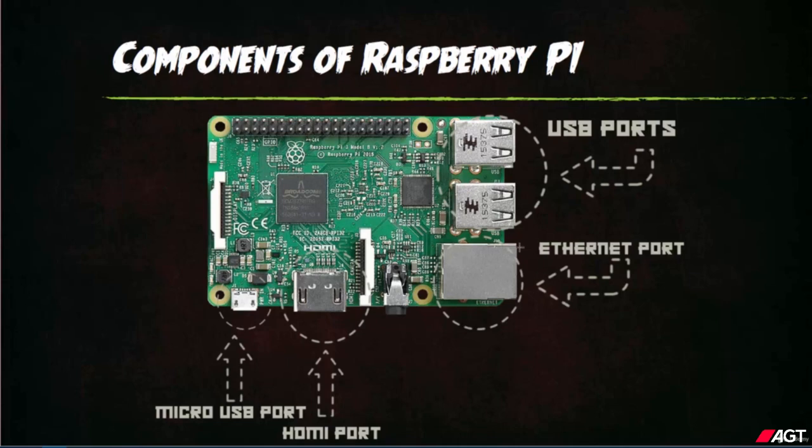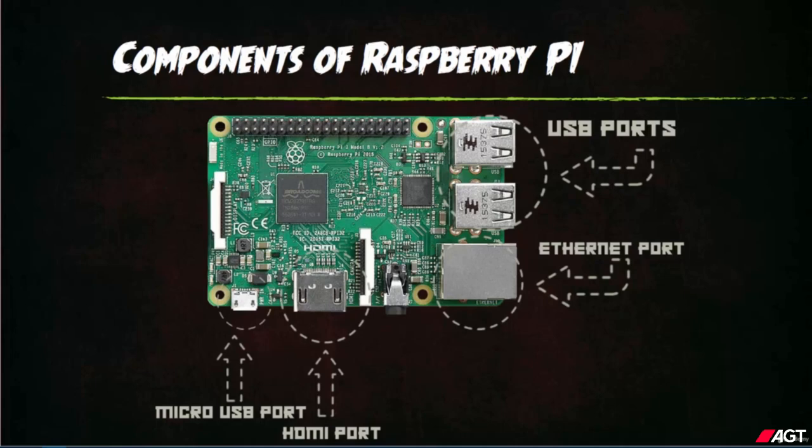There is one Ethernet port and one HDMI port, so we can connect our monitor with it. One end of the HDMI cable will be in Raspberry Pi, and one end in our monitor. There is also a micro USB port over here, so we can power it through micro USB. It requires 5 volts of power, right?